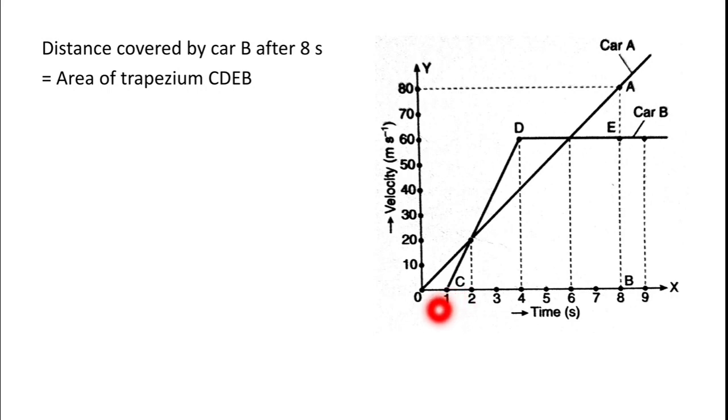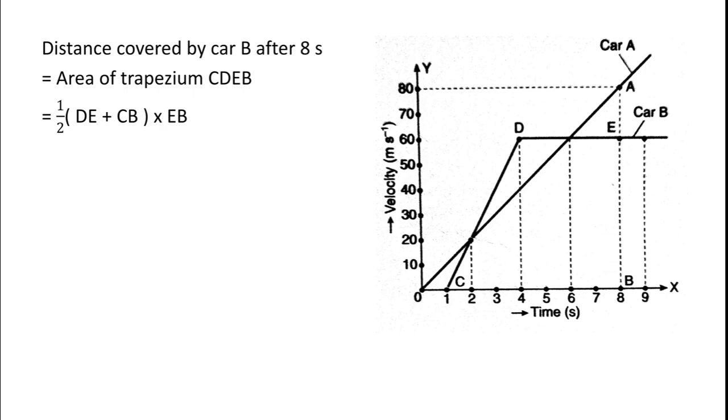Again in the trapezium CDEB, you can see that CB and DE are two parallel sides and BE is the perpendicular distance between them. So we can write area of trapezium CDEB is equal to half of sum of parallel sides, that is DE plus CB, into perpendicular distance between them, that is EB.